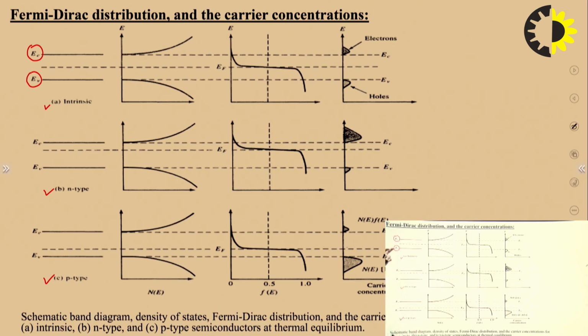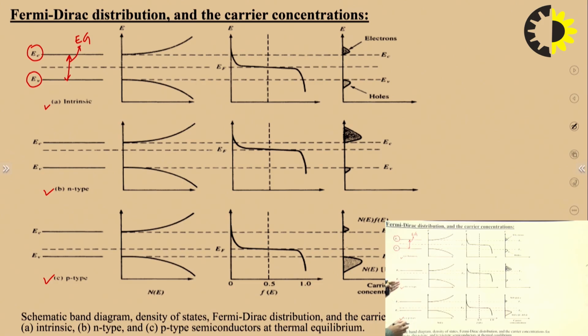In the case of an intrinsic semiconductor, the Fermi level lies just in the middle of the energy band gap, also called the forbidden band gap.